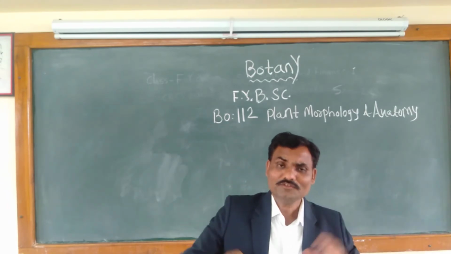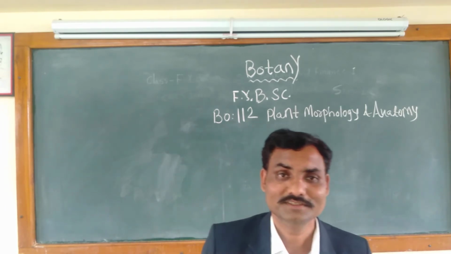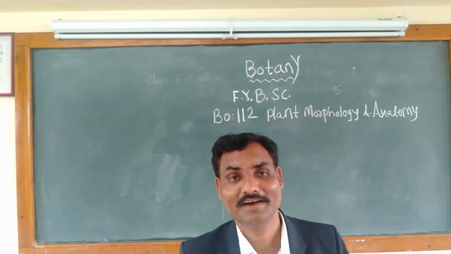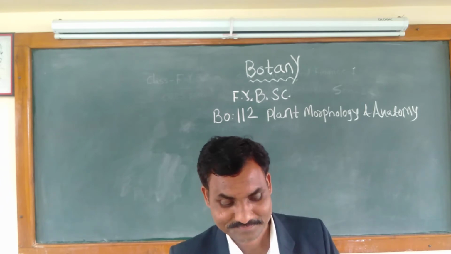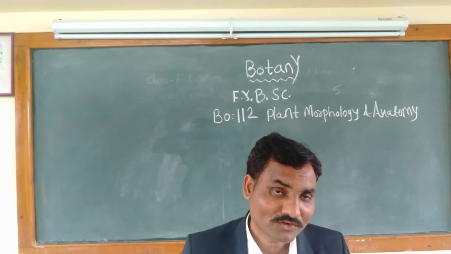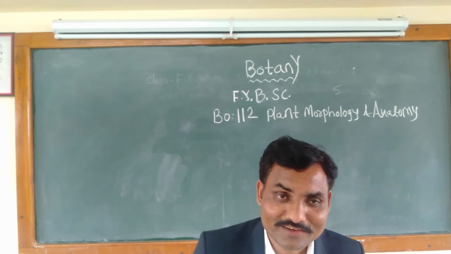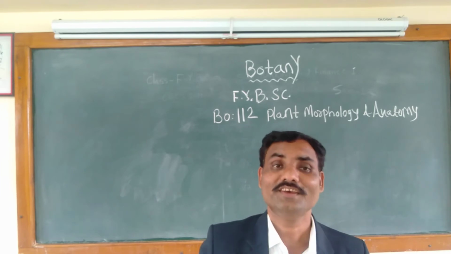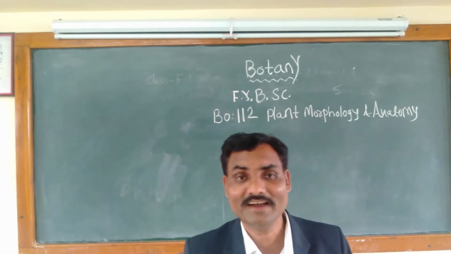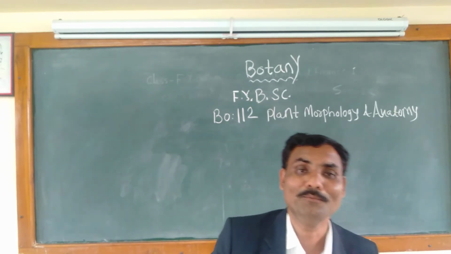And there are some special types of inflorescence also found in the plants. Then which different special types of inflorescence are included in our syllabus? First is multicelaster inflorescence, second is cyathium inflorescence, and third is hypanthodium type of inflorescence.